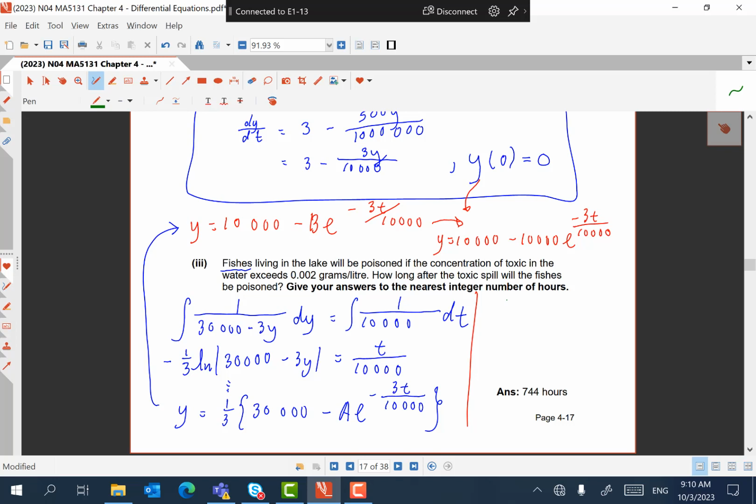The concentration is more than 0.002 grams, where y over a million is the concentration at any time t.